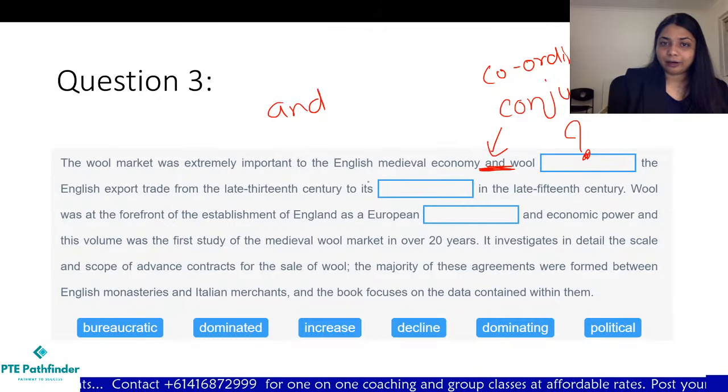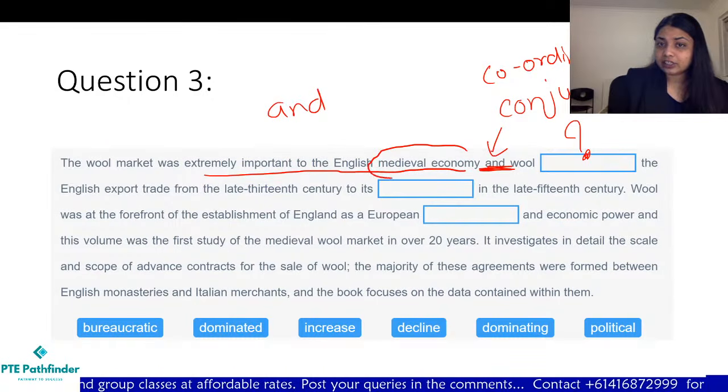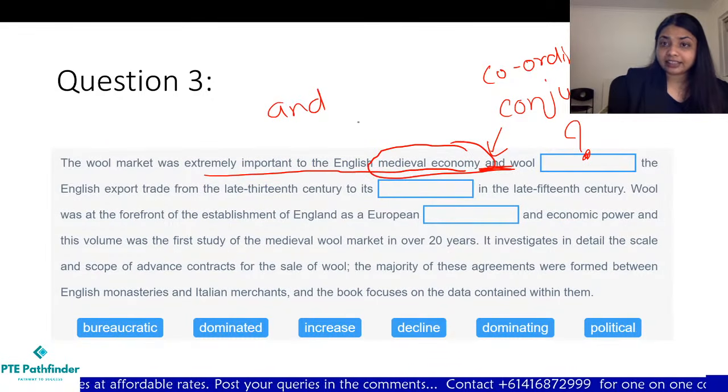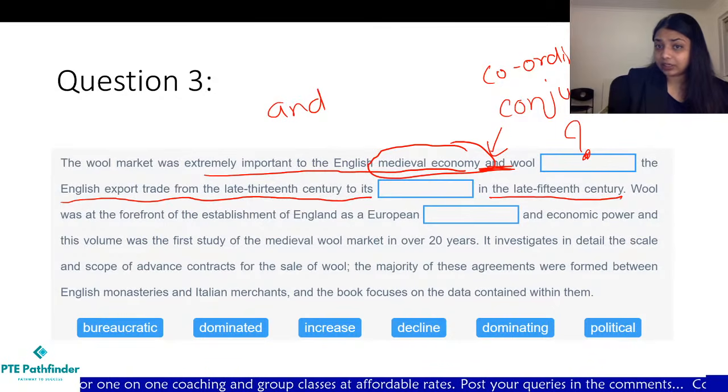So for example, here it says wool market was extremely important to the English medieval economy, and wool dash the English export trade from the late 13th century to its dash in the late 15th century.